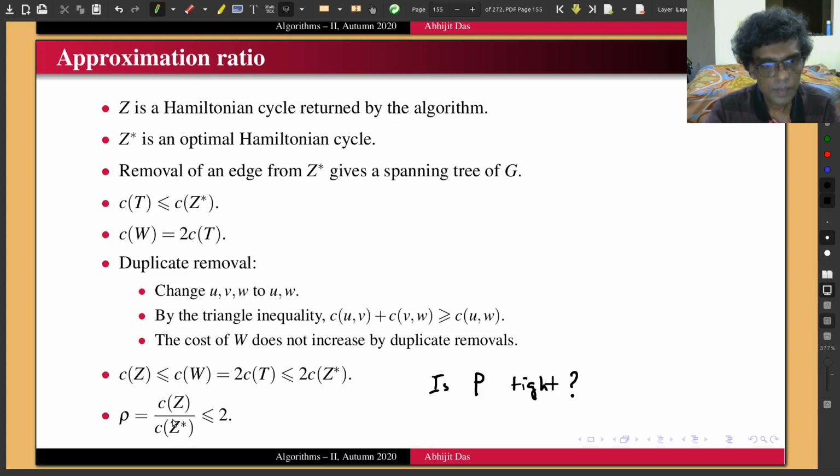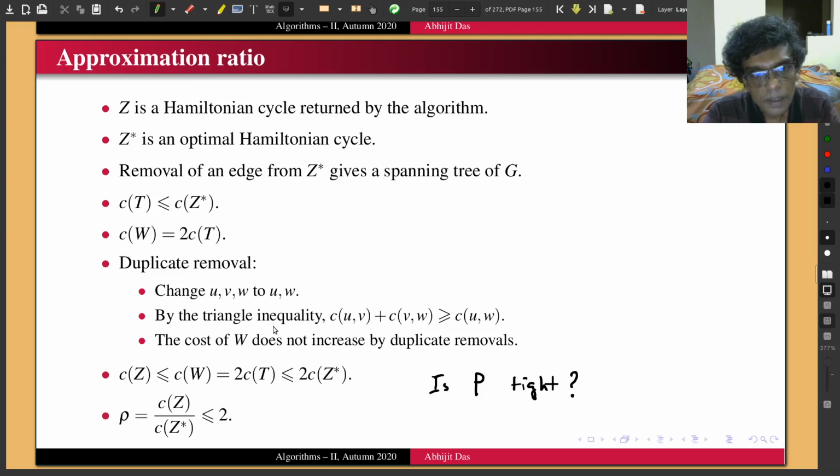Okay, good. But now we have been talking about the Euclidean traveling salesperson problem where this triangle inequality holds. In fact, whenever this cost function satisfies this triangle inequality, we have a 2 approximation algorithm. It need not be Euclidean TSP, right?